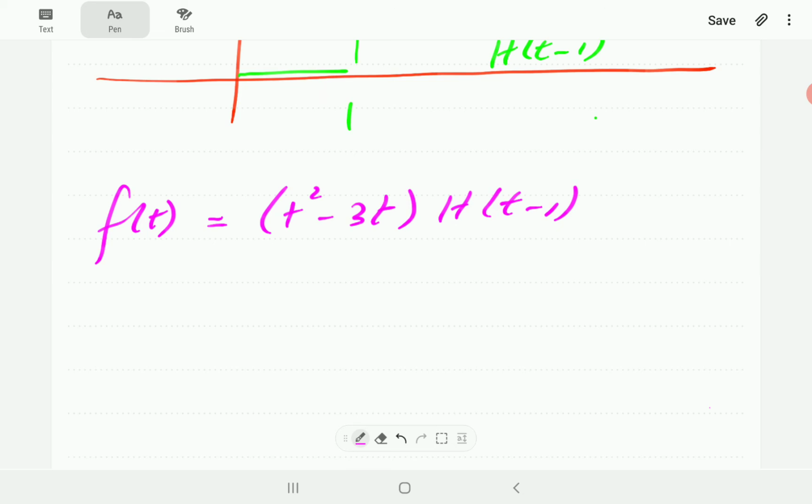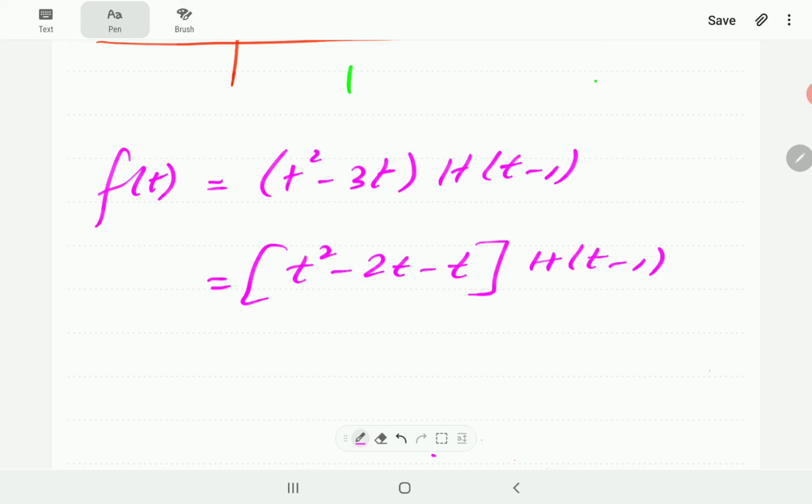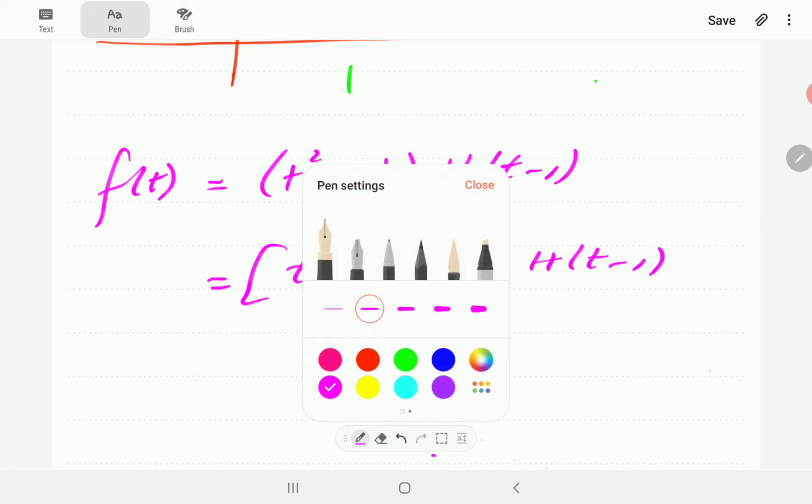So we can do that either using the Taylor series, or we can do this manually if you like, algebraically. For instance, this we can write as t squared minus 2t minus t. Then we can complete the square between these two terms.